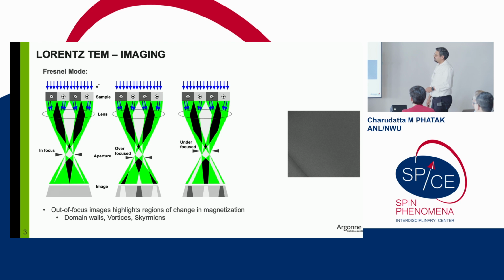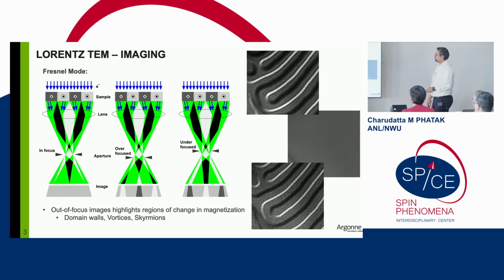But when we go out of focus, either under focus or over focus, we see the appearance of strong black and white contrast that reverses upon change of focusing condition. For example, if you look at this one particular domain, the white contrast switches to black contrast when we switch the side of focus.